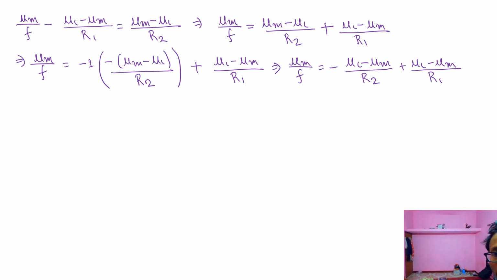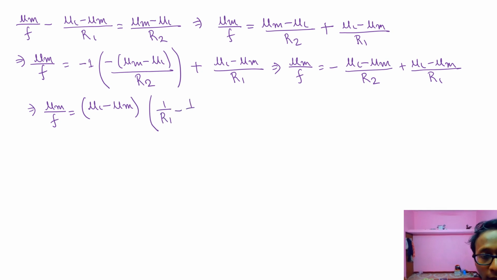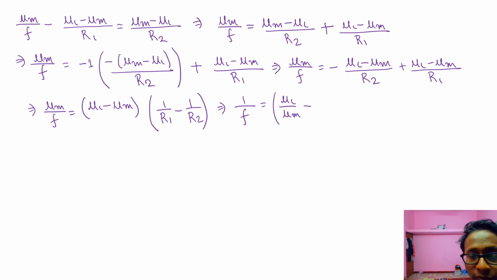So if I take mu l minus mu m common, mu m by f is equal to mu l minus mu m times 1 by r1 minus 1 by r2, or 1 by focal length is equal to mu l by mu m minus mu m by mu m, which is nothing but 1, into 1 by r1 minus 1 by r2.